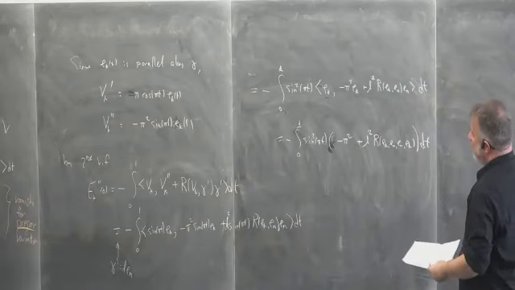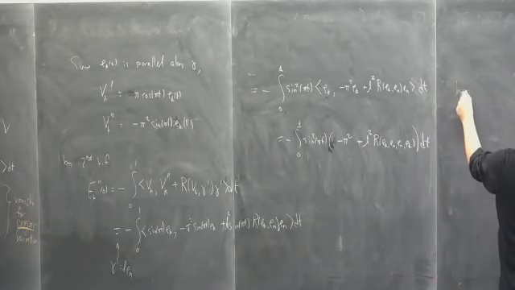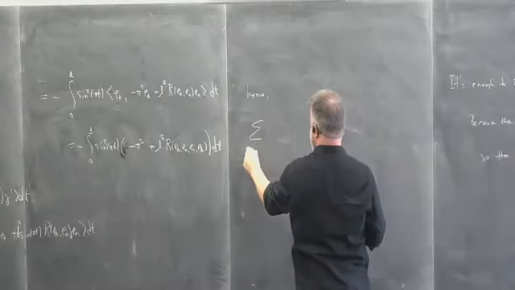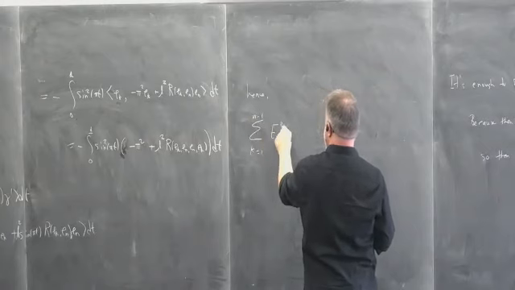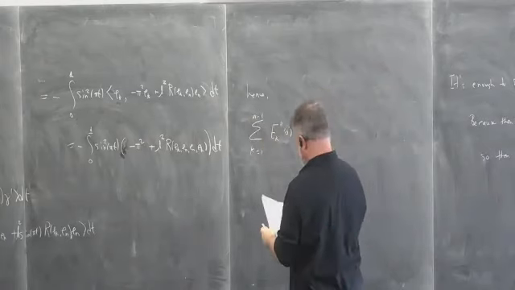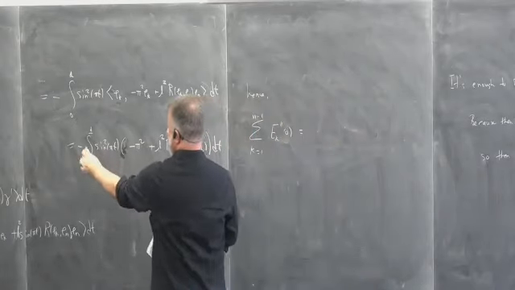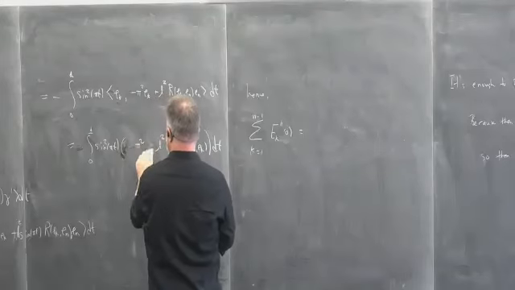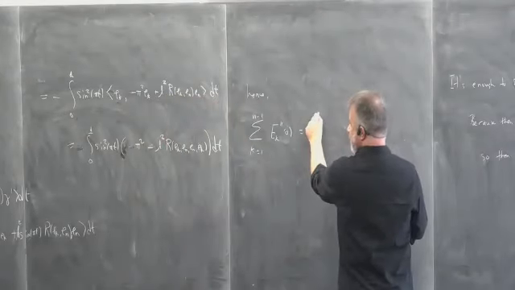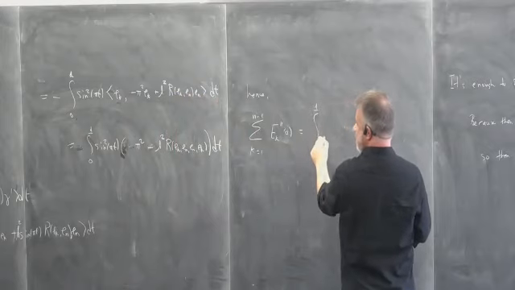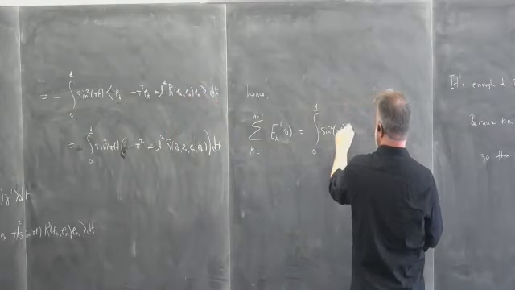And now let's take this and sum over all k. So hence, the sum from k equals 1 up to n minus 1 of Ek double prime of 0. I'm going to bring the minus sign in. It'll be easier to work with. This is going to be 0 to 1 sine squared pi t.